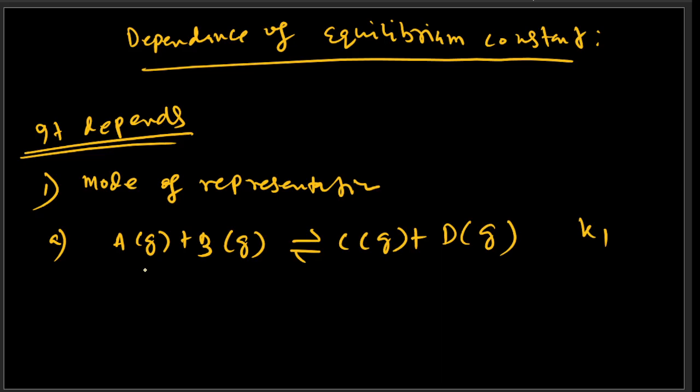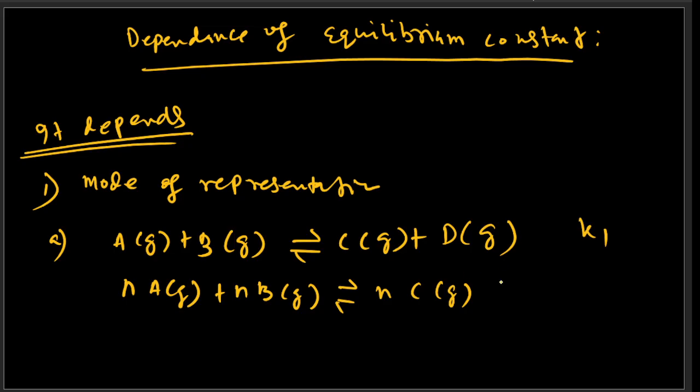If I multiply the balanced chemical equation by a factor n, then the equilibrium constant gets raised to the power of that factor, that is n.